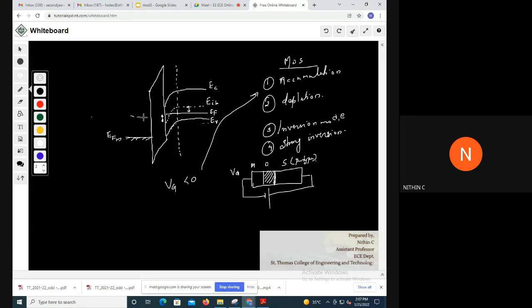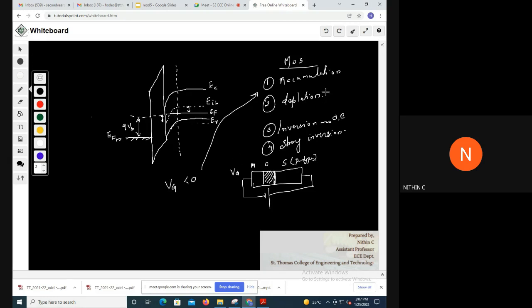And this difference between EF and EFM is given as Q into VG, where VG is the voltage applied. So this particular figure is not of accumulation. This is actually of strong inversion, if these two values are equal. So in the case of accumulation, you'll be having a different figure that you already know. You have that in your notebook also.